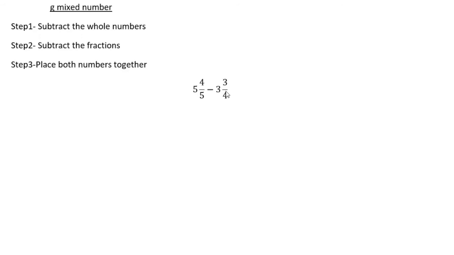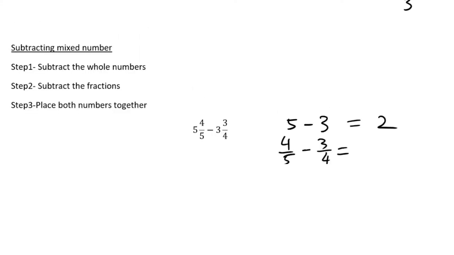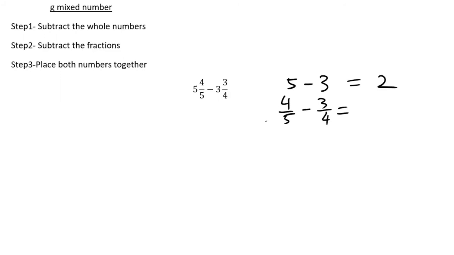The first step is subtracting the whole numbers: 5 is the whole number, and in the second number 3 is the whole number, so it gives us 2. We have 4 over 5 as the first fraction, and the second fraction is 3 over 4. When subtracting these two fractions, we have to follow the steps: we need to make the denominator the same.